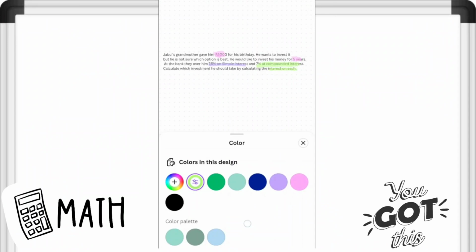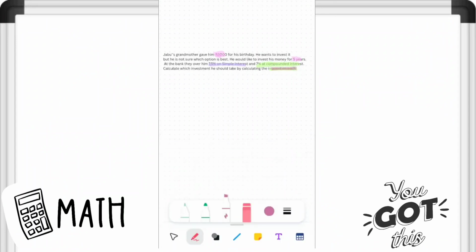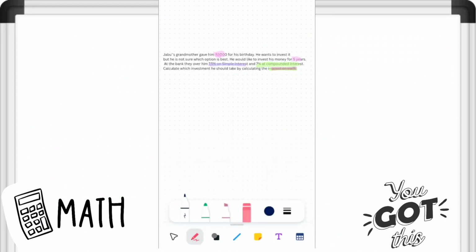To calculate the interest for each, we first need to see what each one will give us. So we start by writing down our formula. It's important to write down your formula because that already gives you 1 mark. For simple interest, the annual amount or the total accumulated amount you will get is the following formula.